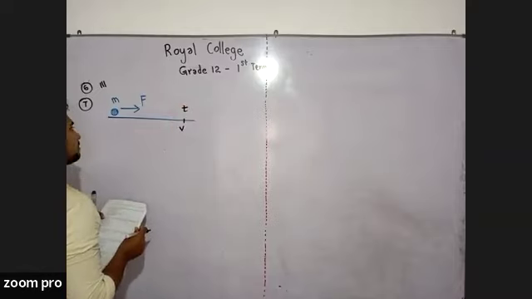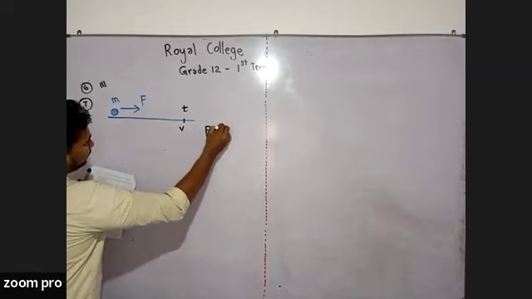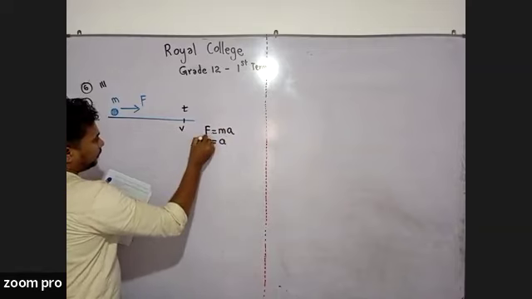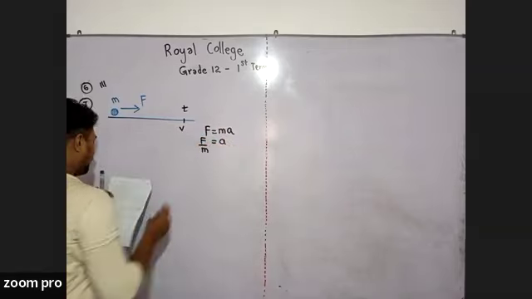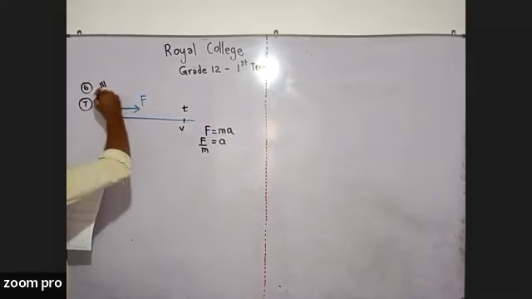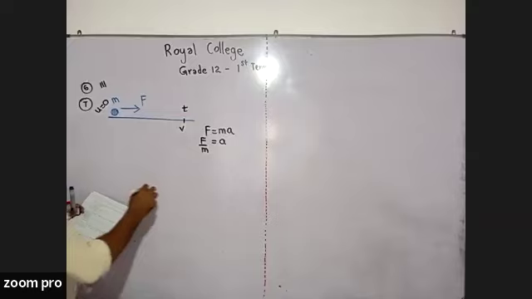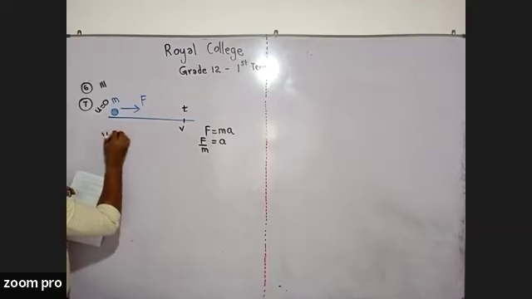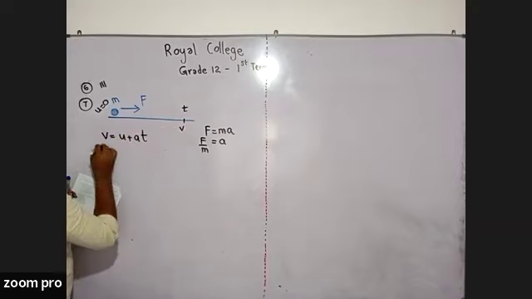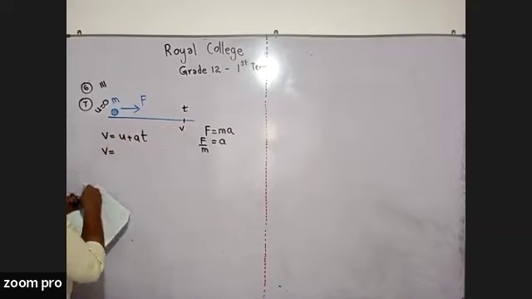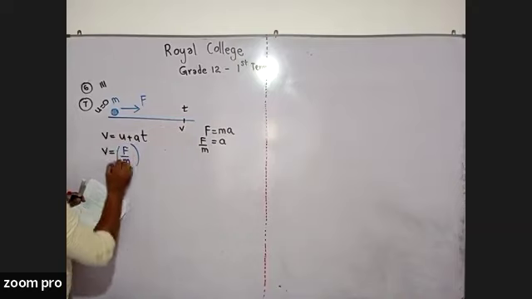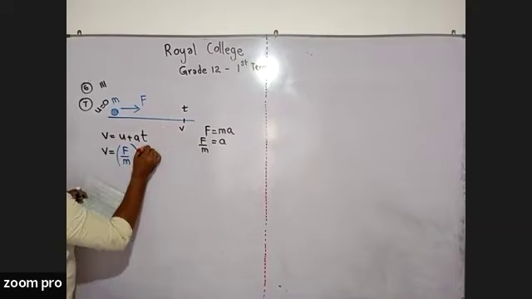So let's assume that if I apply F equal to ma for this object, then a should be F over m, right? Now this object initiates the motion at rest, and the velocity at time t can be obtained as v equal to u plus at. Then instead of a, I can substitute F over m, times t, right?